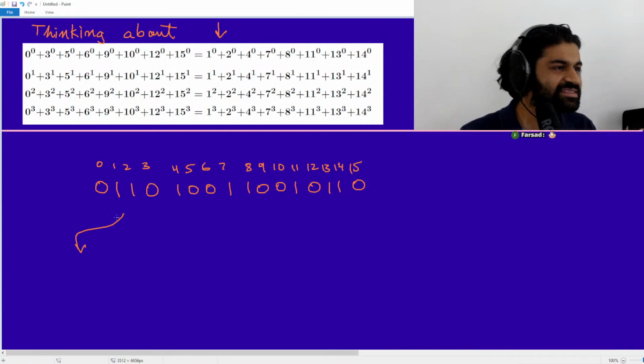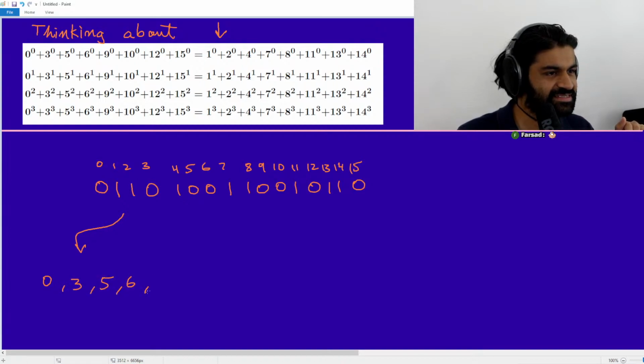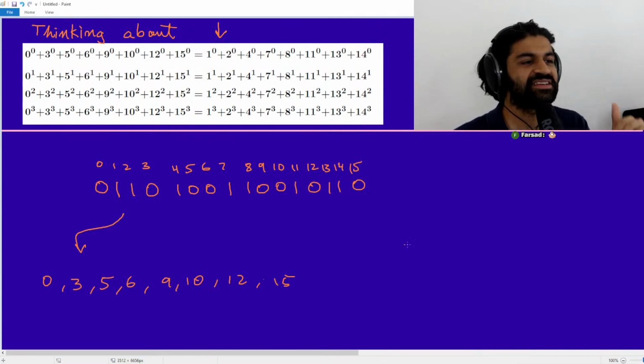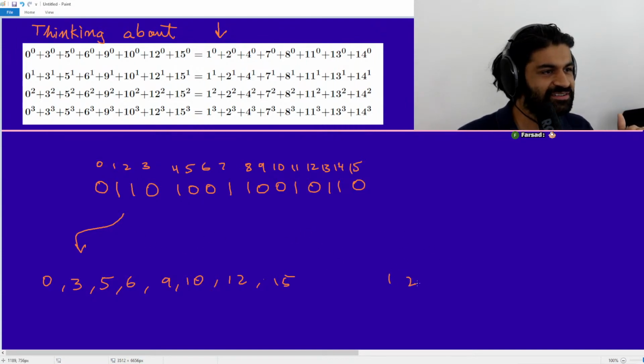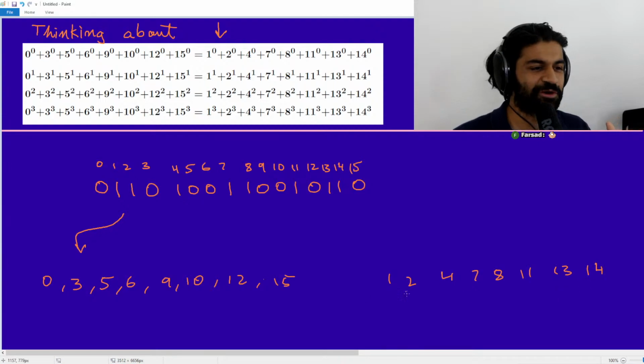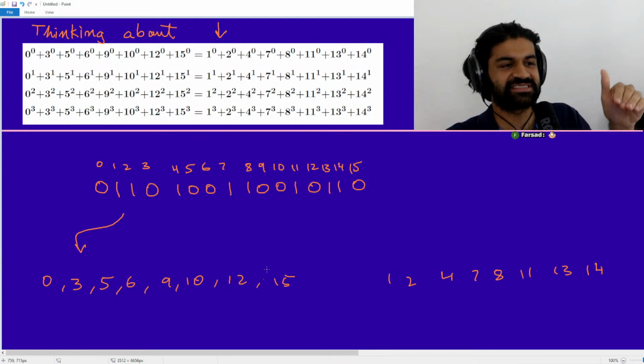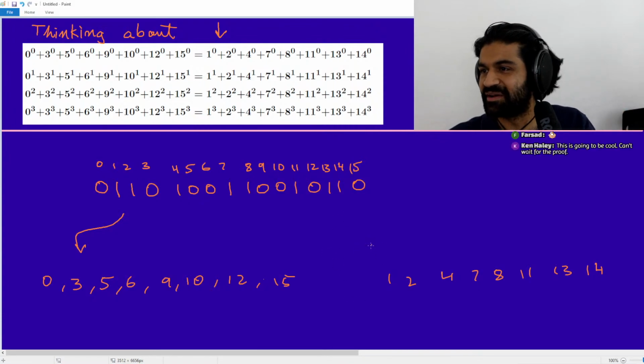The things with the zeros below them are, again, 0, 3, 5, 6, 9, 10, 12, and 15. And the things with the ones underneath them wind up being 1, 2, 4, 7, 8, 11, 13, and 14. So this algorithm is what you use to decide what ends up on what side.